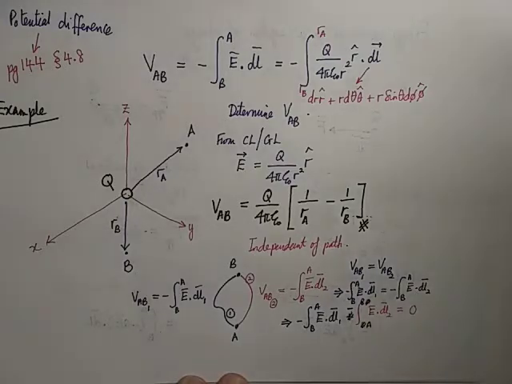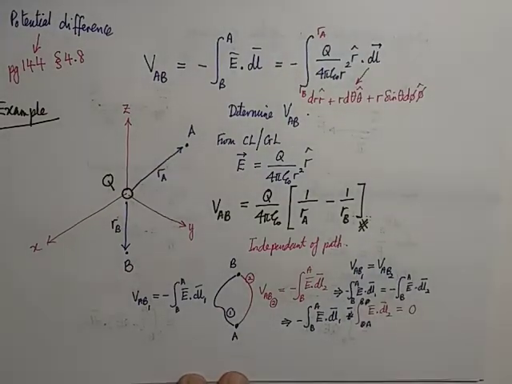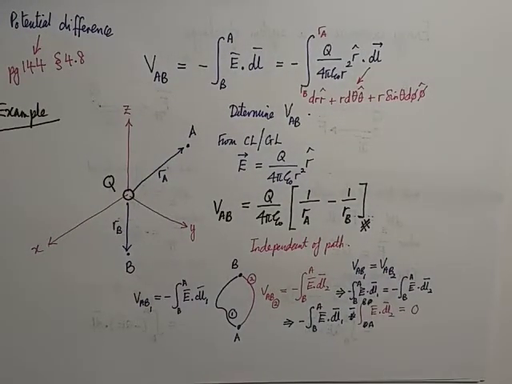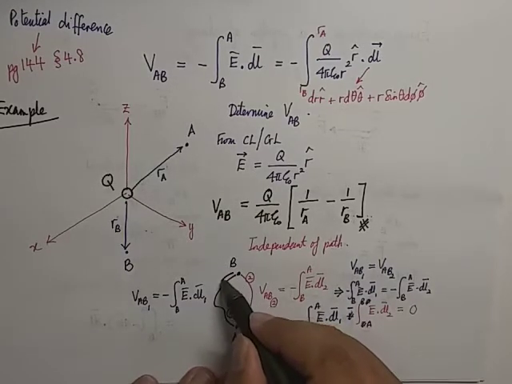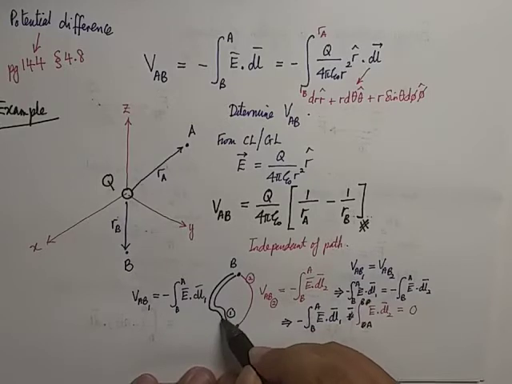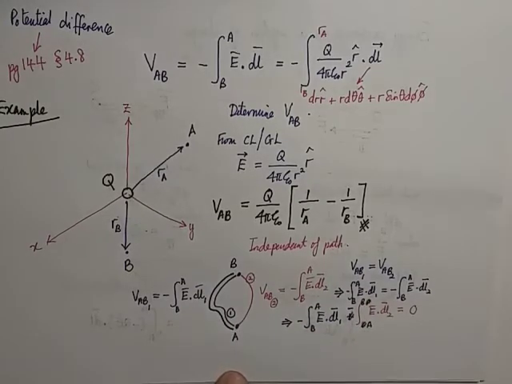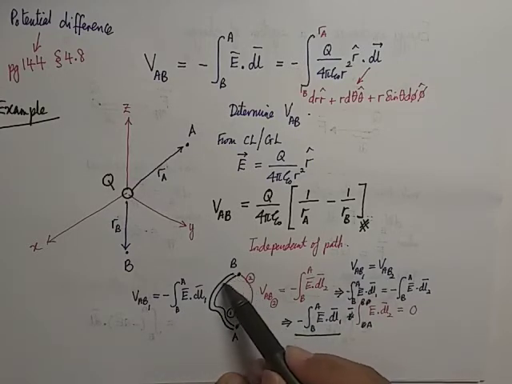So what we are doing now is moving our point charge from B to A. I'm going to take this path now, B to A, based on this equation. So I'm taking my point charge from B to A via path number 1.